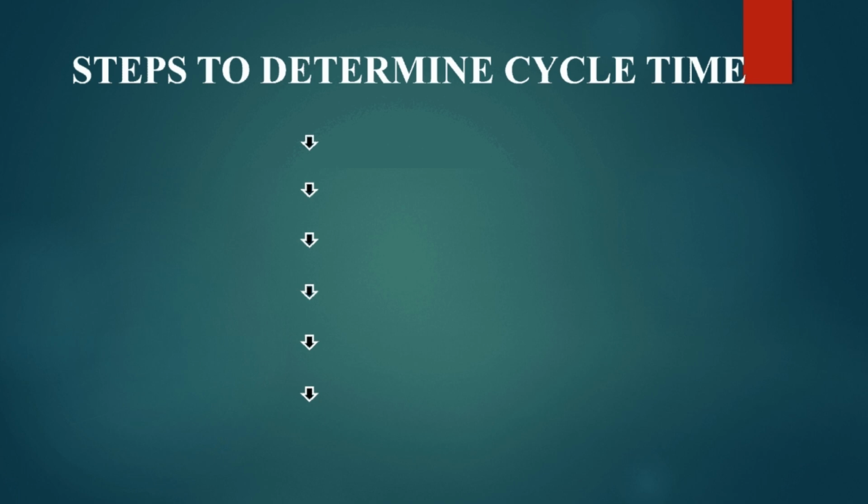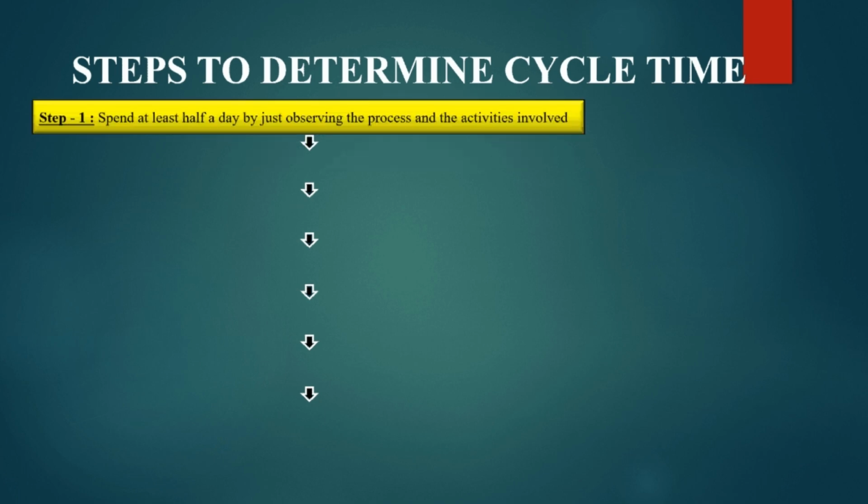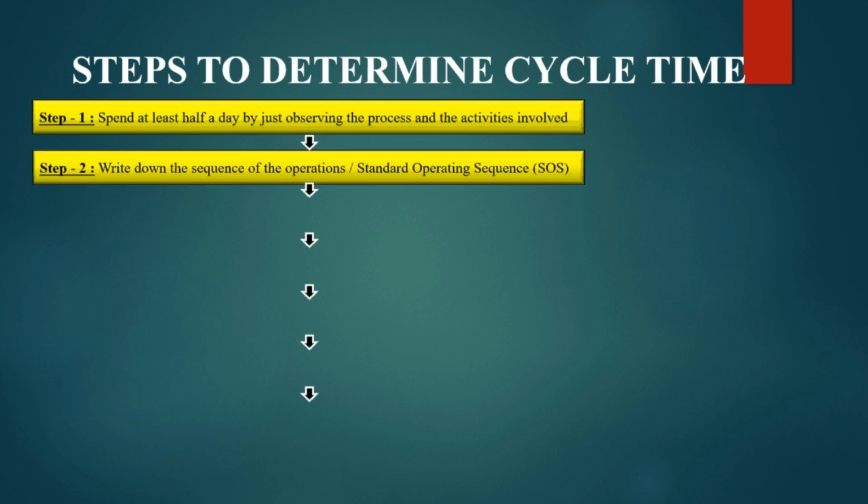Now let's see the steps that you must take in order to determine the cycle time of any process. The first step is never be in a hurry to finalize the cycle time. Spend at least 3 to 4 days on the shop floor to get an idea and then make a report. The second step is to write down the sequence of operations, or standard operating sequences, SOS.